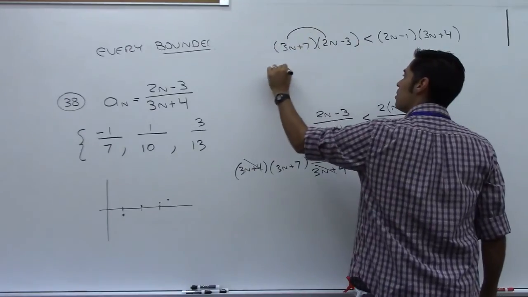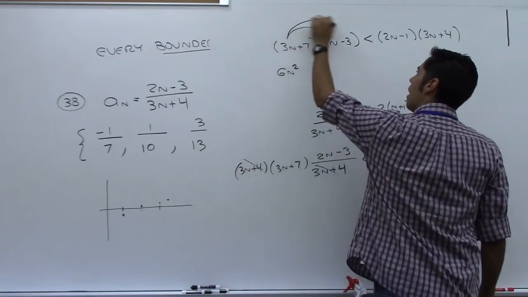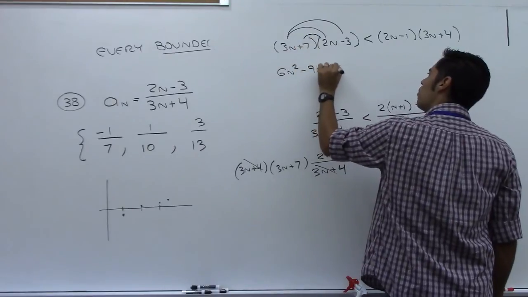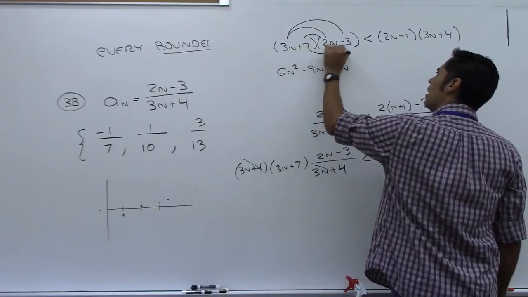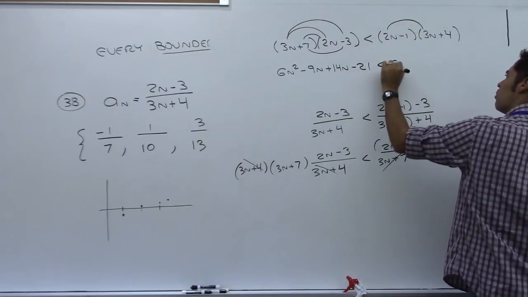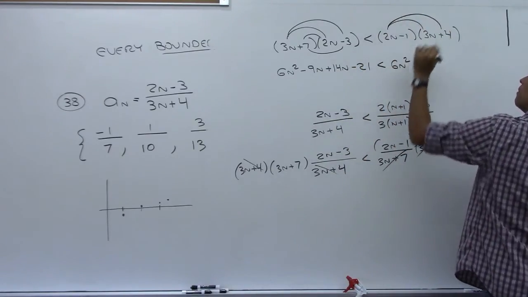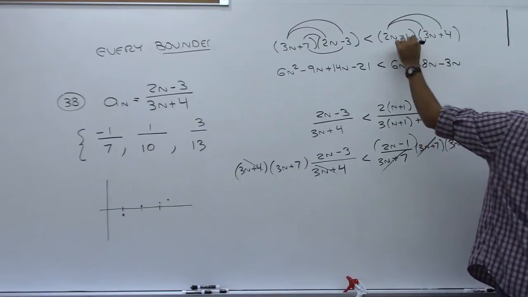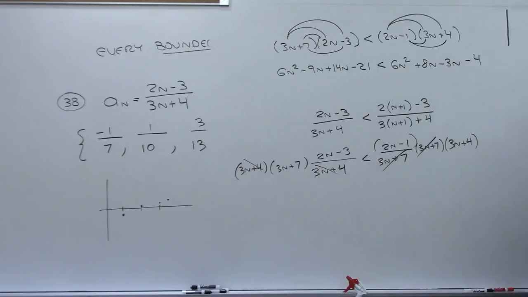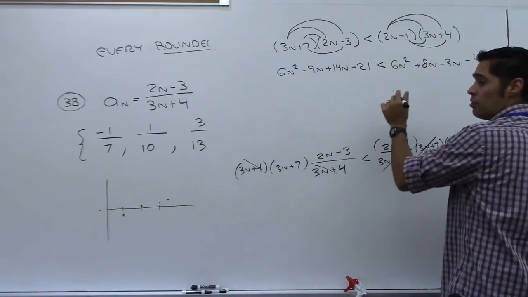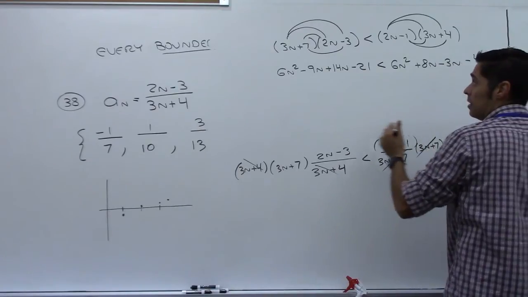I get 6n squared, minus 9n, plus 14n, and then minus 21. Is that less than 6n squared plus 8n minus 3n minus 4? I need this to be true in order to say that this is increasing.